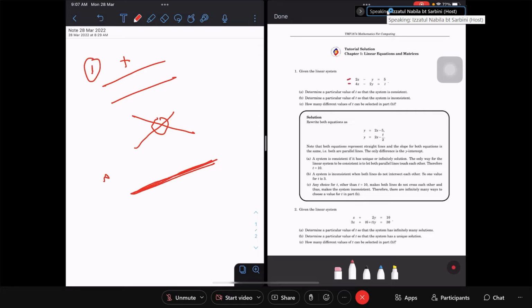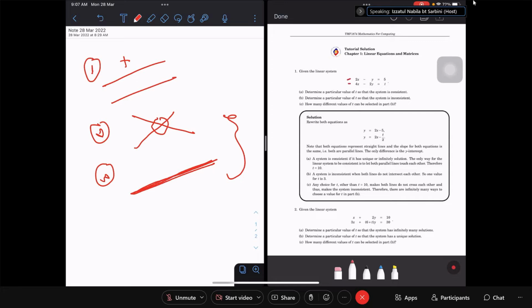And the third one, if it is the same line, means that it has many solutions, intersecting at many points. So it is consistent if it is 2 and 3. If it has solutions, it can either be one solution or many solutions. Then it is consistent.